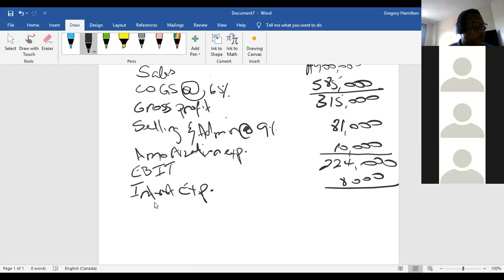So therefore, earnings before taxes are 216,000.